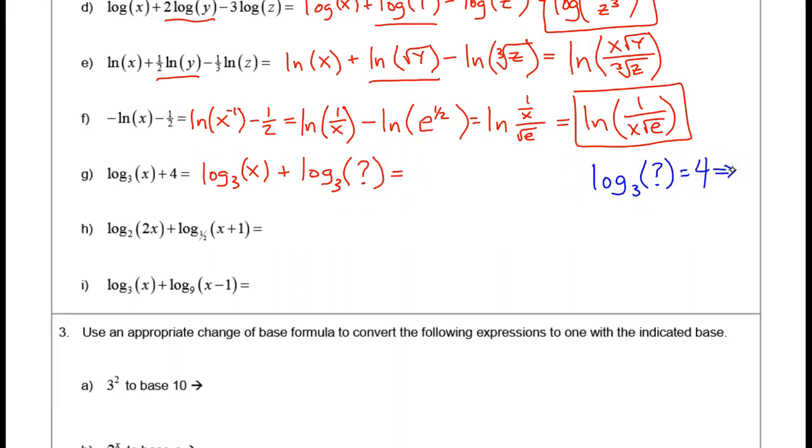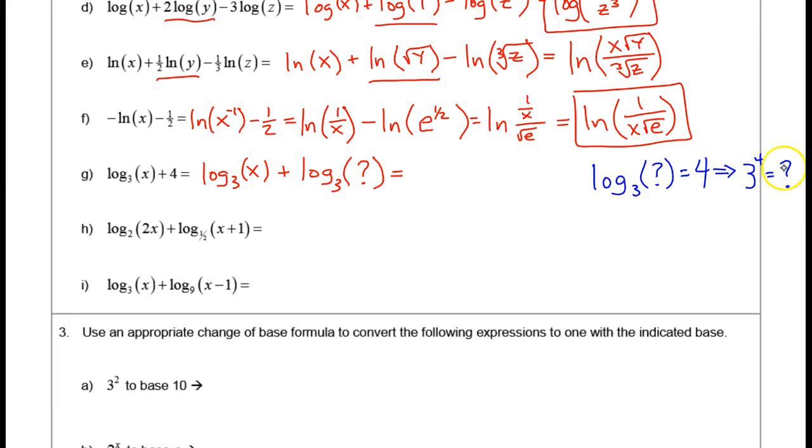Alright folks, so I have the log base 3 of something has to equal 4. If you remember the conversation we had in the previous lesson, we can rewrite any logarithm as an exponential. And this can be rewritten as 3 to the 4th equals question mark. And 3 to the 4th power, let's see, that's 3 times 3, which is 9, times 3, which is 27, times 3 again, which is 81.